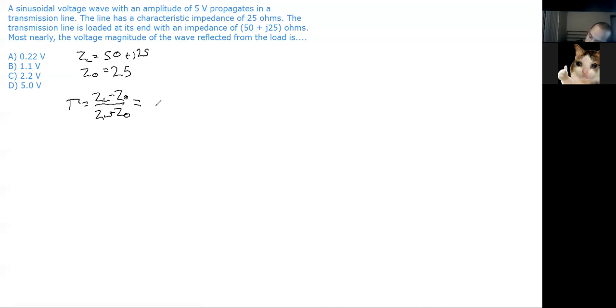So gamma is going to be 0.4 plus 0.2j. We have to take into account the voltage ratio, though, because this voltage is taken into account now.